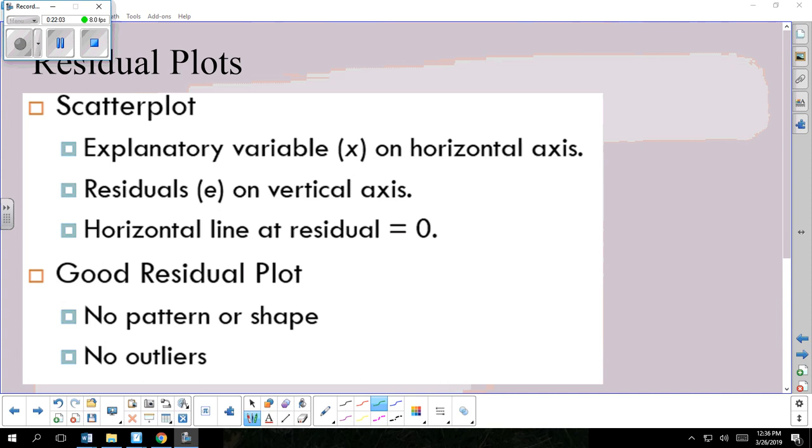Any points on the horizontal line have a residual of 0. A good residual plot has no pattern or shape and no outliers. This will allow us to see what influential observations we have, and also help us detect whether or not a line might not be a good fit for a particular set of data.